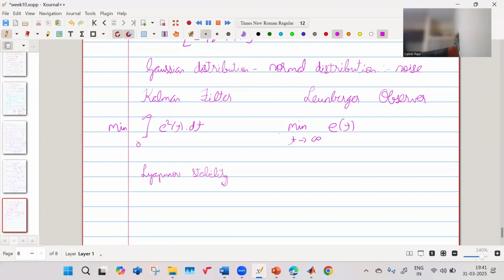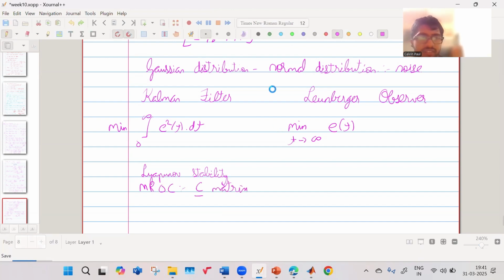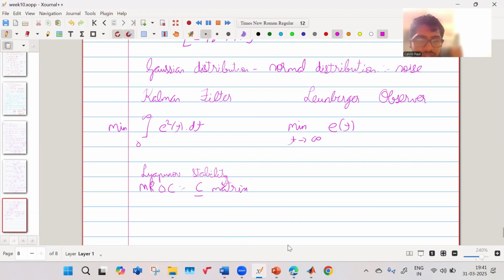Then in multi-rate sampling, the computation of that C matrix, one problem was there in the assignment also. Okay, so multi-rate output controller, C matrix. Sure. I think I have even solved it, right? I don't remember. Okay, MROC, C-bar matrix.